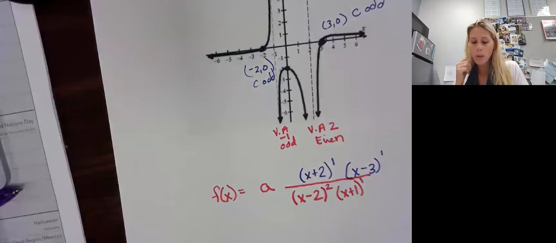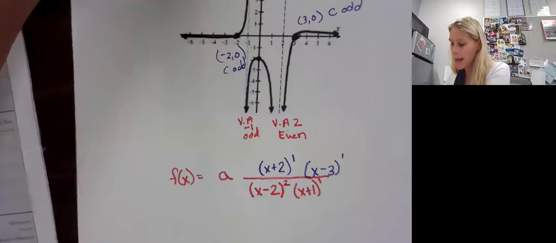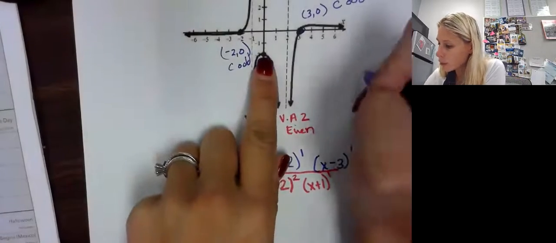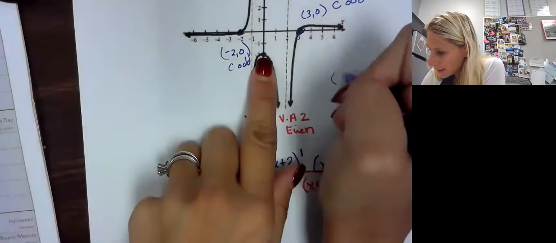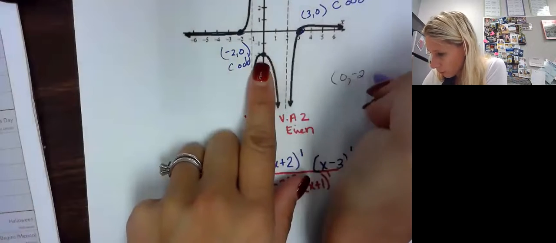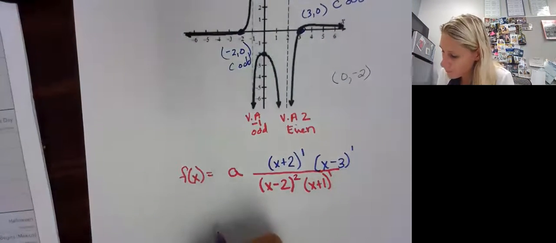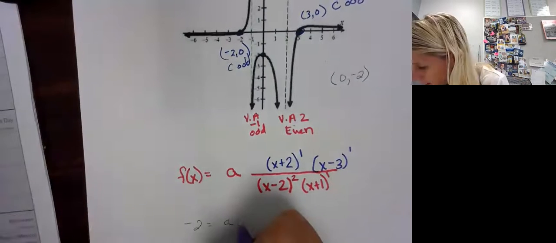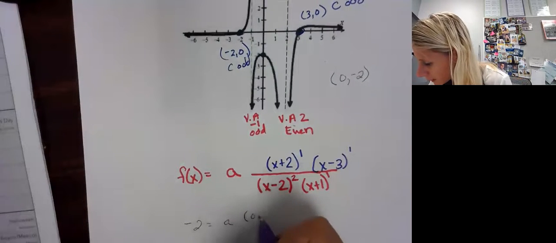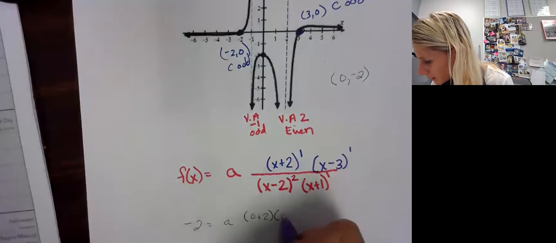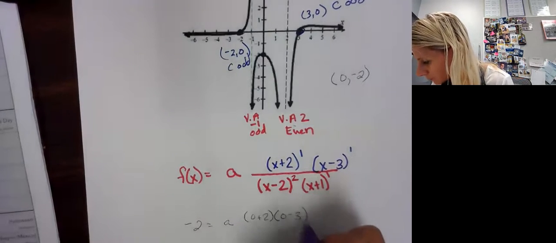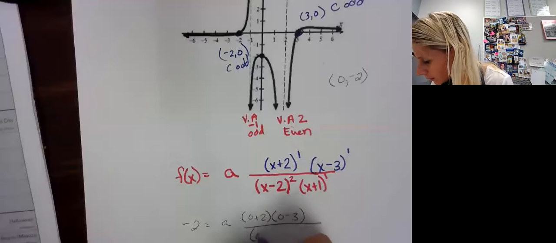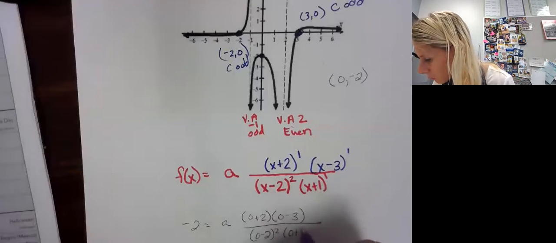Now, the reason why we know our y-intercept is because that's what we use to figure out a. Our y-intercept says when x is 0, y is -2. So I am going to plug that in. So we have -2 equals a times 0 plus 2 times 0 minus 3 all over 0 minus 2 squared times 0 plus 1.